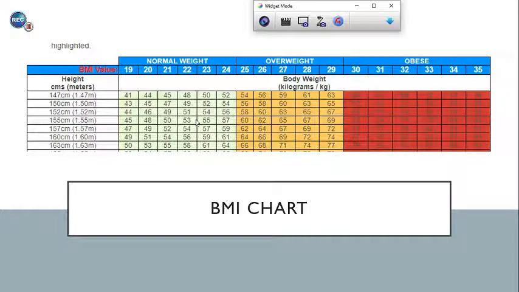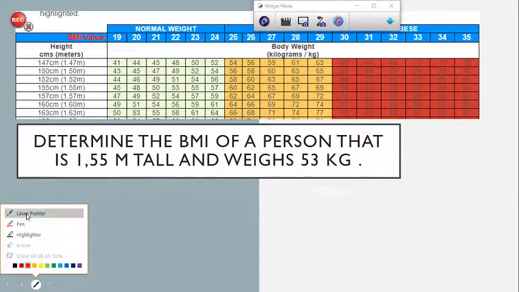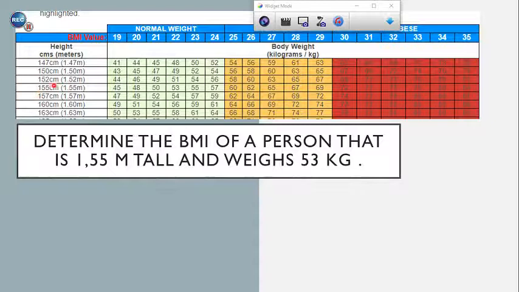So if we do an example of this just quickly, you will see that if I say a person is 1,55 meters tall, we go find their height, that will be over here, and I'm telling you they weigh 53 kilograms. So we are going to find the 155 centimeters, and we are going to find the 53 kilograms.